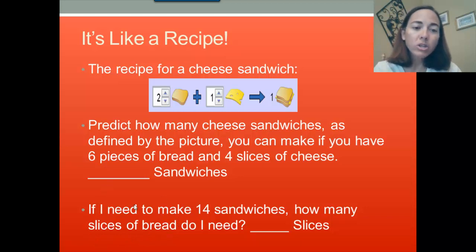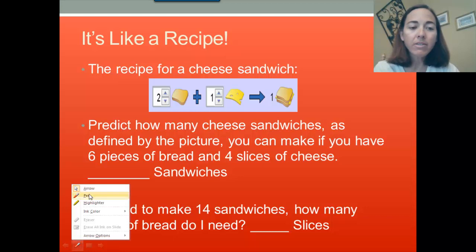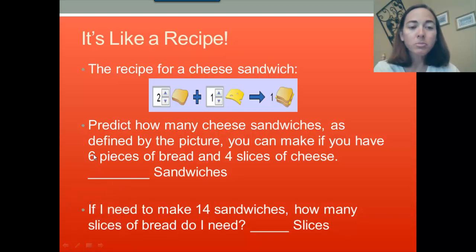Well, what you're going to have to do is figure out how many sandwiches you could make from the bread and how many sandwiches you could make from the cheese, and then figure out which one is the correct answer. So think about that for a minute. With 6 pieces of bread, I think you should be able to make 3 sandwiches. So I'm just going to put a note right there.